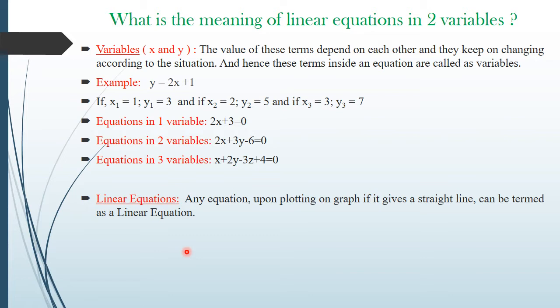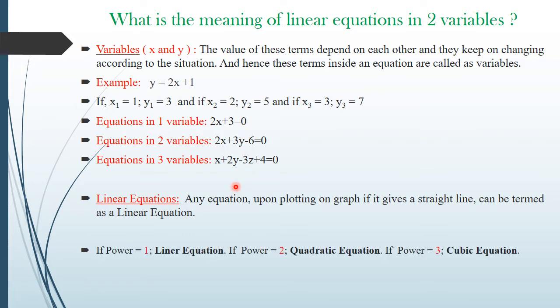Now, every time you cannot plot it on the graph and check whether it is a linear equation or not. Algebraically also you can identify whether that equation is a linear equation or not. If the power of any variable, it can contain multiple variables, is going to be equal to 1, that equation can be termed a linear equation.